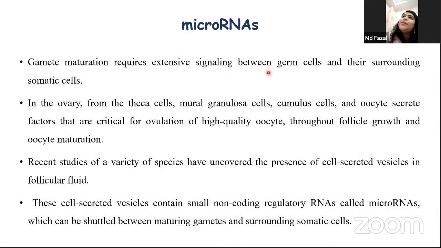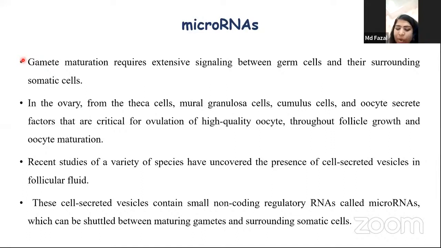So microRNA is one indicator which is released from the theca cells, granulosa cells, cumulus cells, and all of these.